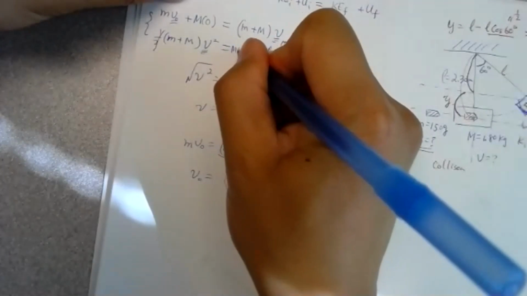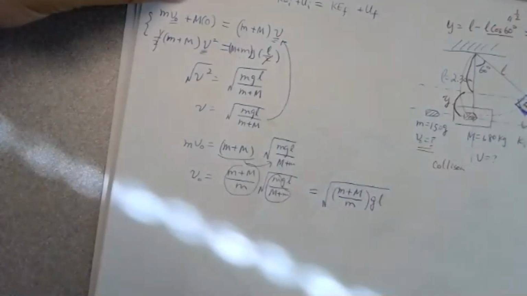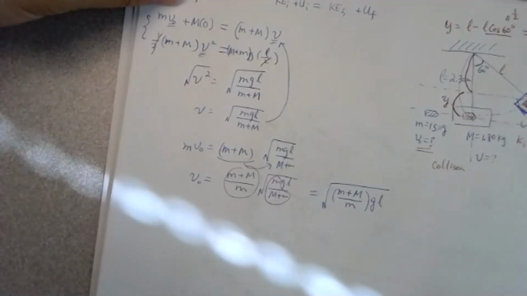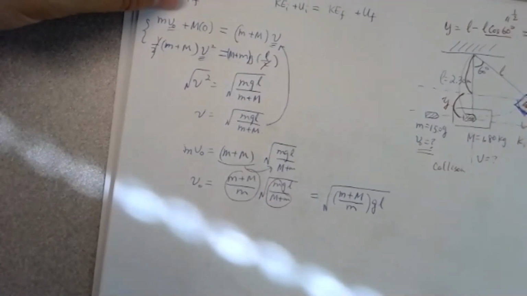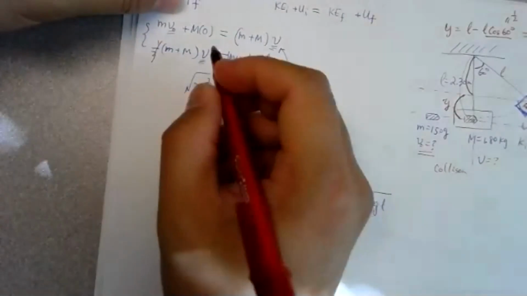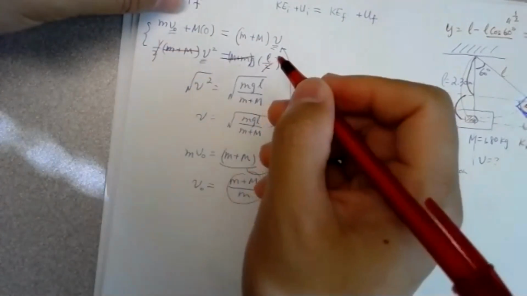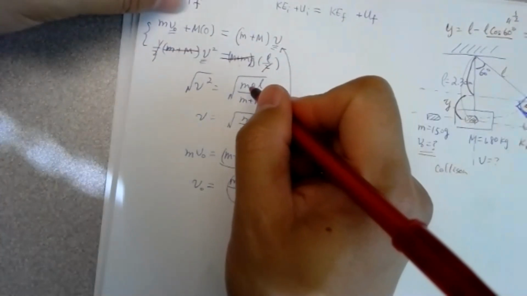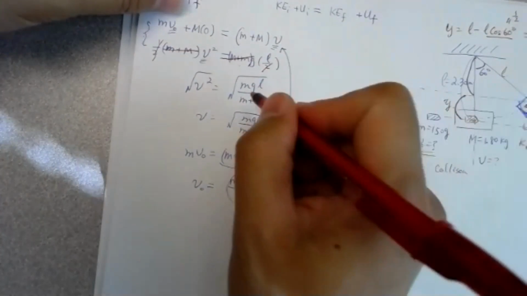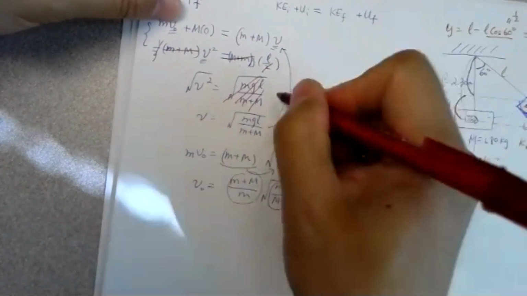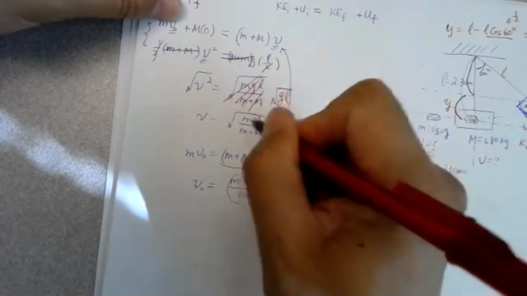Sorry for the mistake there. So then the 1/2 cancels out, this guy will cancel out that guy. So V squared is equal to just G times L. Sorry about that. This guy goes away, so V is the square root of GL.